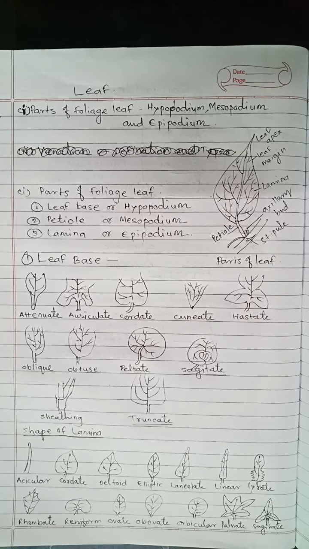In monocots, the leaf base is very broad and flat. It covers a part of the node of the stem, as in maize and banana. It is called sheathing leaf base.